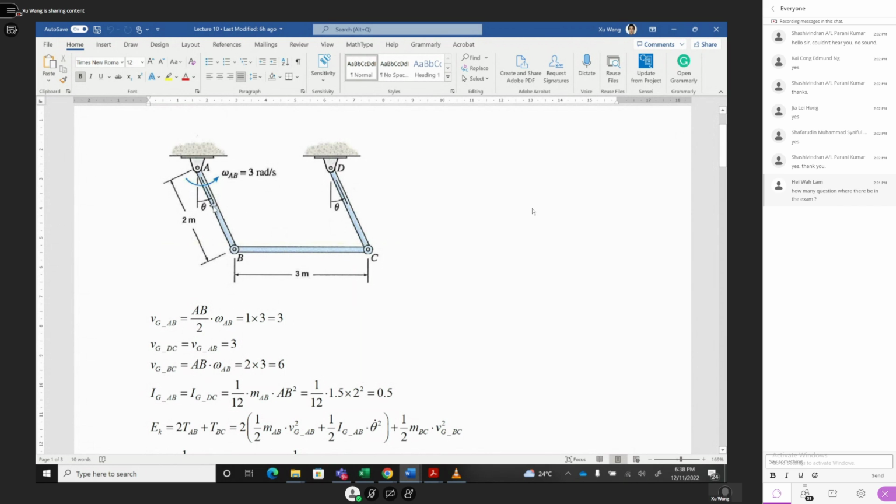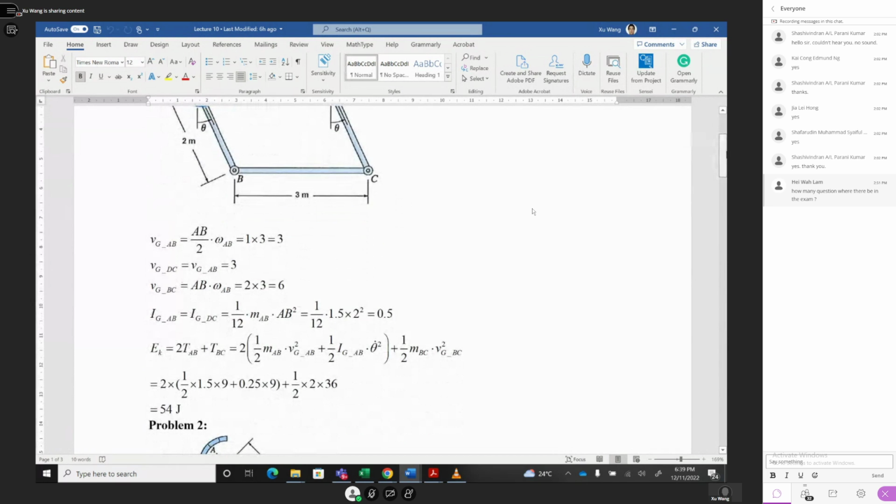This is the center of gravity velocity. The same thing for DC. Then for BC, the velocity at this point: omega times 2, double, is 6, and any point on BC should be 6. Okay, then we get all three center of gravity velocities.